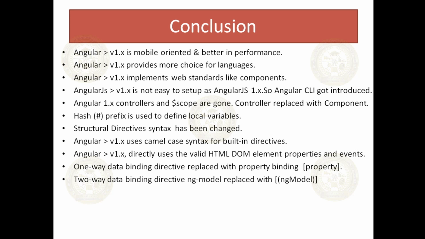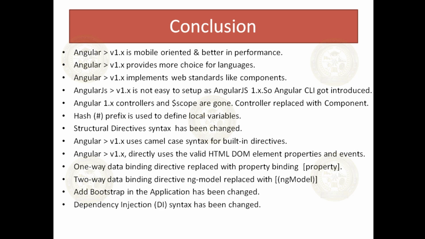Two-way data binding is also replaced, from ng-model to square braces, round braces inside that ngModel. Adding bootstrap in application has been changed. Dependency injection syntax has been changed. Routing syntax has been changed. So these are the main differences between Angular 1.x and Angular 2 and above higher versions.